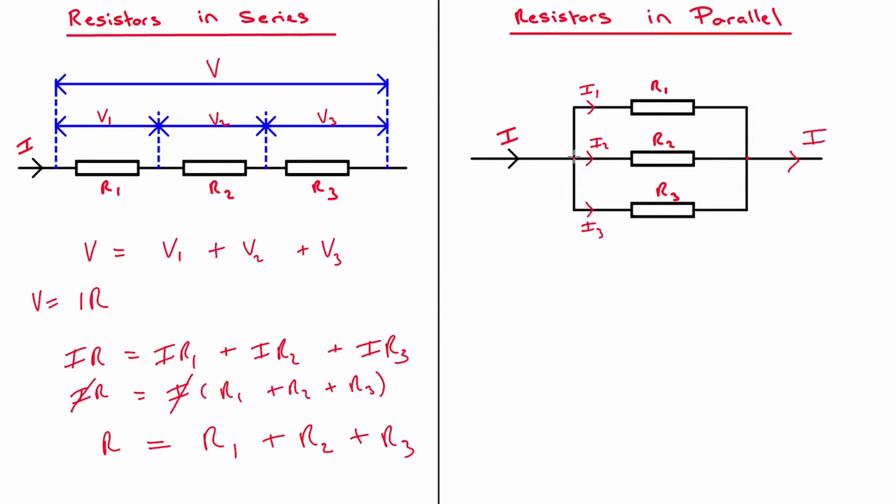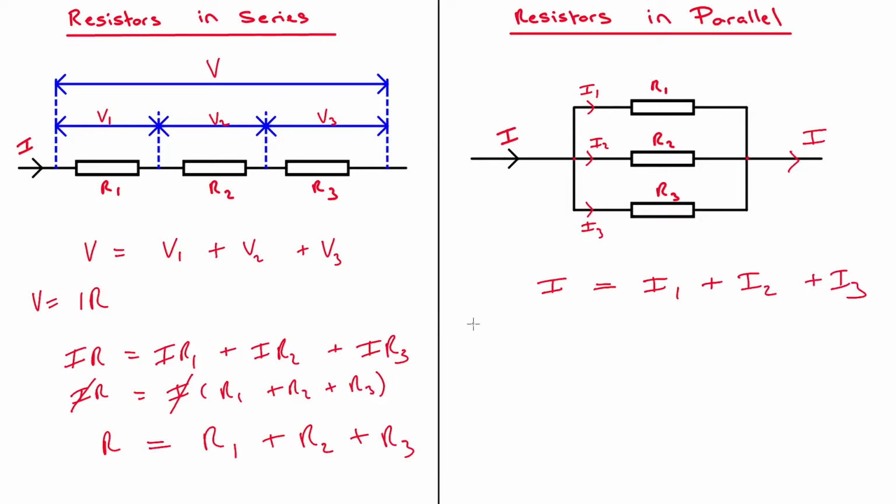Now what we know from one of our circuit laws is that the current going into a junction must equal the total current coming out of that junction. In other words, I here has got to equal I1 plus I2 plus I3.